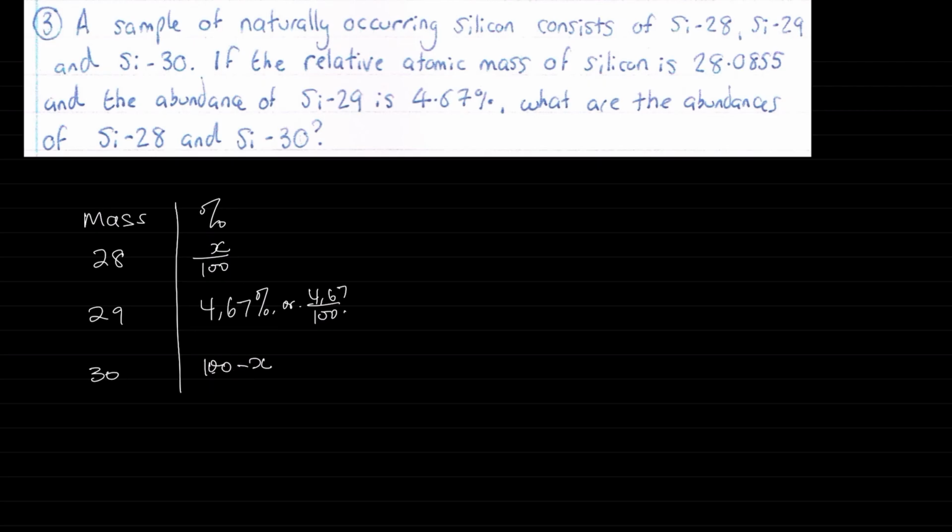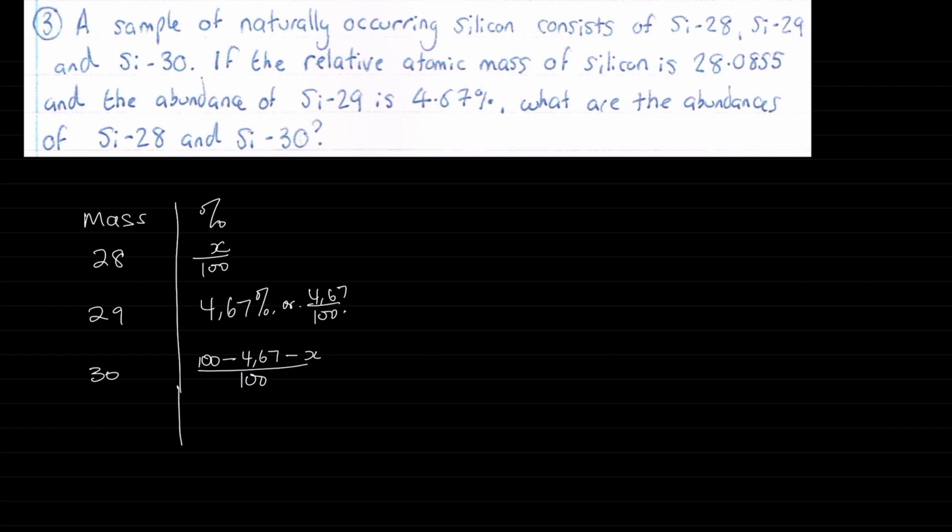So the way that we'll write out the percentage for Si30 is going to be 100 minus 4.67 minus x over 100. So it's basically the balance, okay? And let's just simplify that. So 100 minus 4.67 is 95.33.